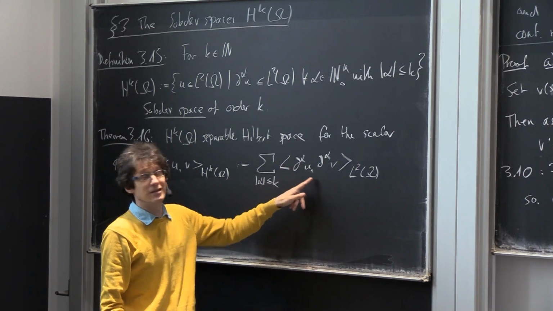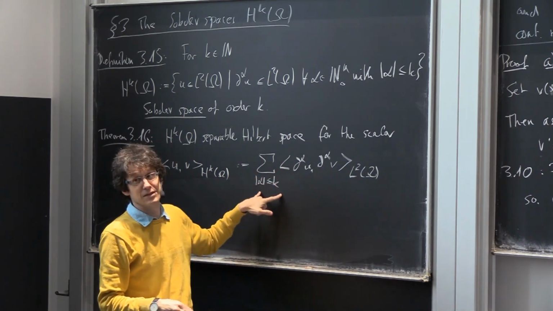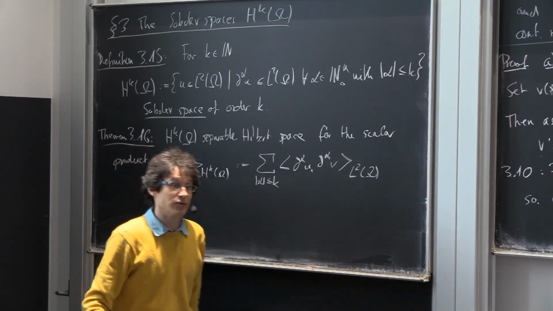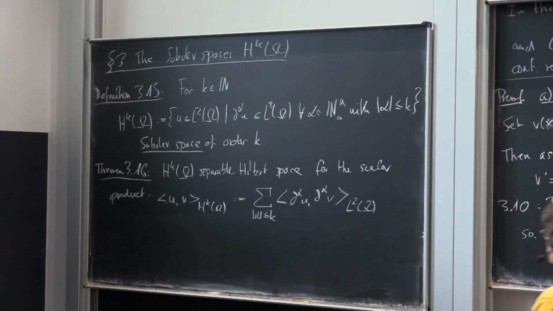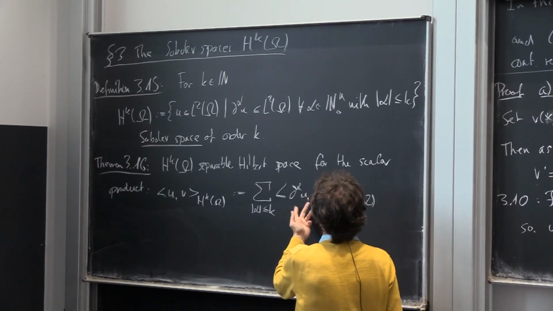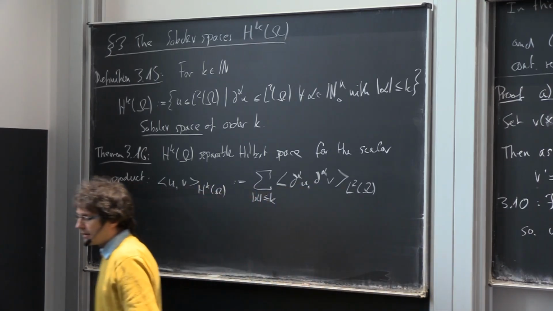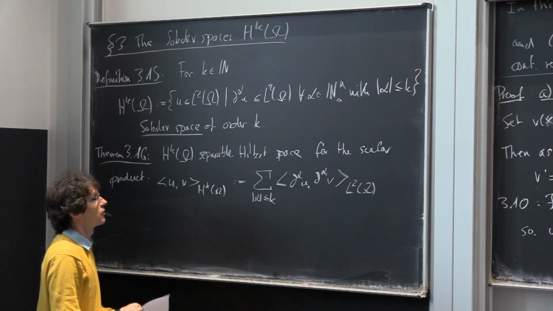You check linearity: the L2 scalar products are linear, the sum is linear, so take them apart and put them together again. This works. It's symmetric, all the stuff that you need. You could think a little bit about definiteness. What is the corresponding norm?